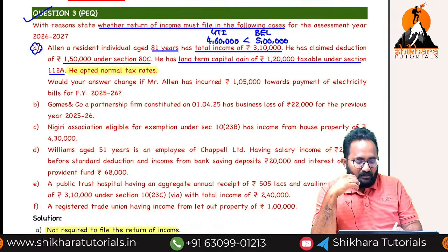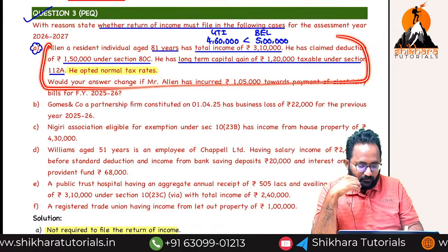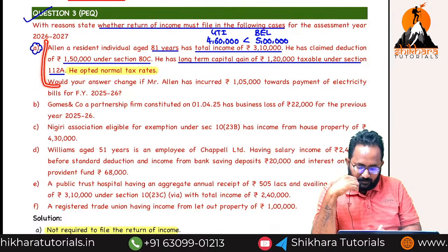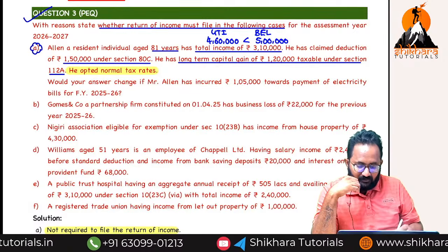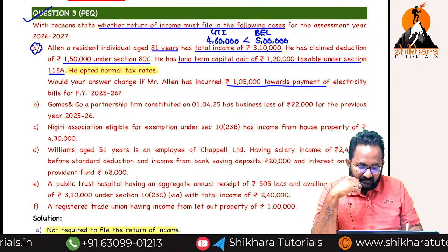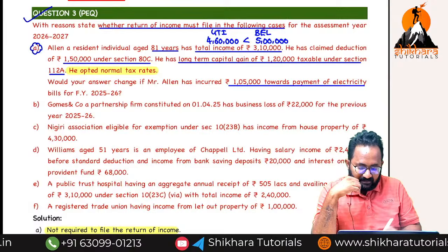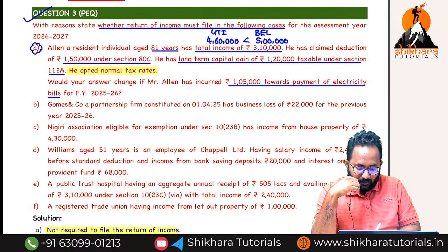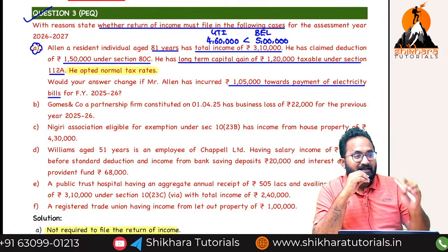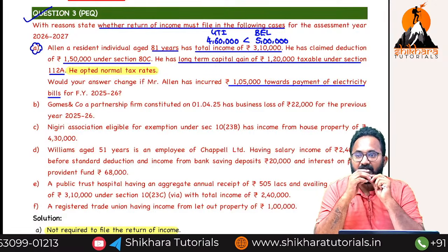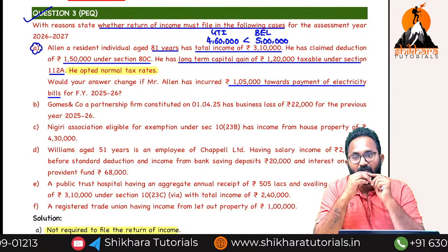Next, there is one more question they included in question number A itself. Sir, based on this point, he is not required to file the return, right? But again, they gave one more piece of information. SSE incurred an electricity bill of how much amount? 1,05,000. Already you know special transactions. If electricity expenditure exceeds how much? 1 lakh.